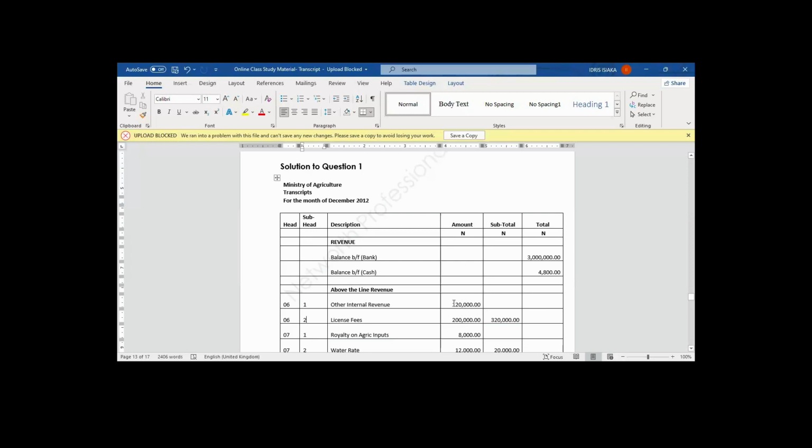The amount of these two, 120 plus 200, you total together to get the subtotal. This subtotal 320 stands for 1 head, head 06. Assuming we have 3 items under head 06, we add the 3 items together and put it under subtotal. But in this question, we have 2 items under head 06: other internal revenue and license fee. We move again.